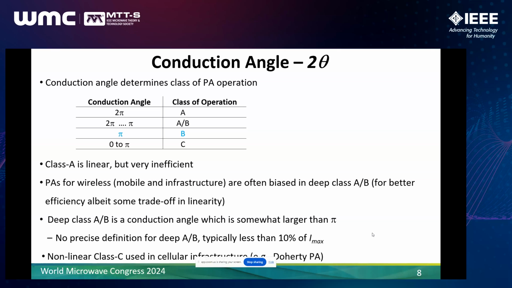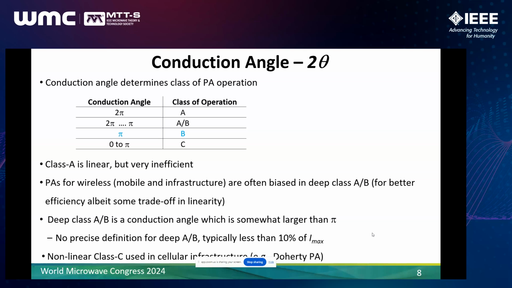As we look at the power amplifiers that are applied in wireless on both the mobile side and the infrastructure side, they're generally biased in a fairly deep Class AB operation. And this is chosen intentionally because inherently we get a better trade-off between efficiency and linearity. Efficiency can be improved significantly at the cost of a modest decrease in linearity.